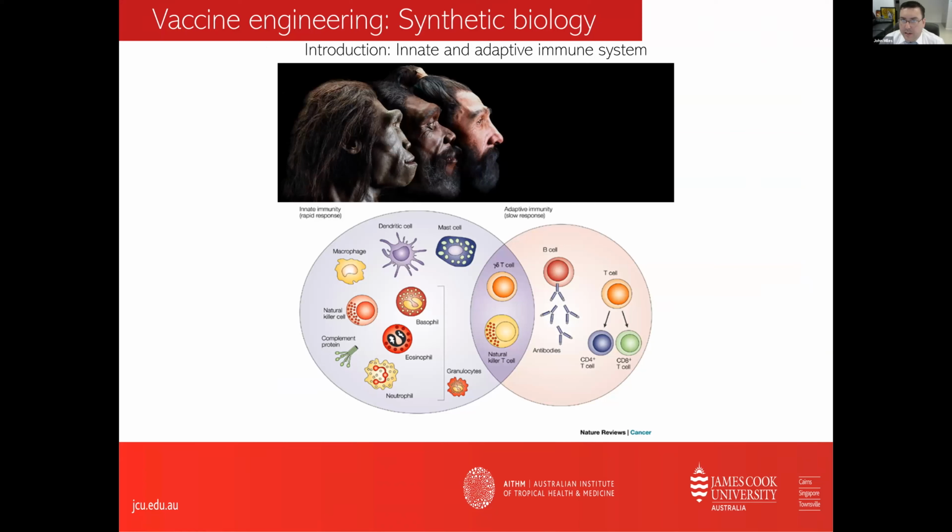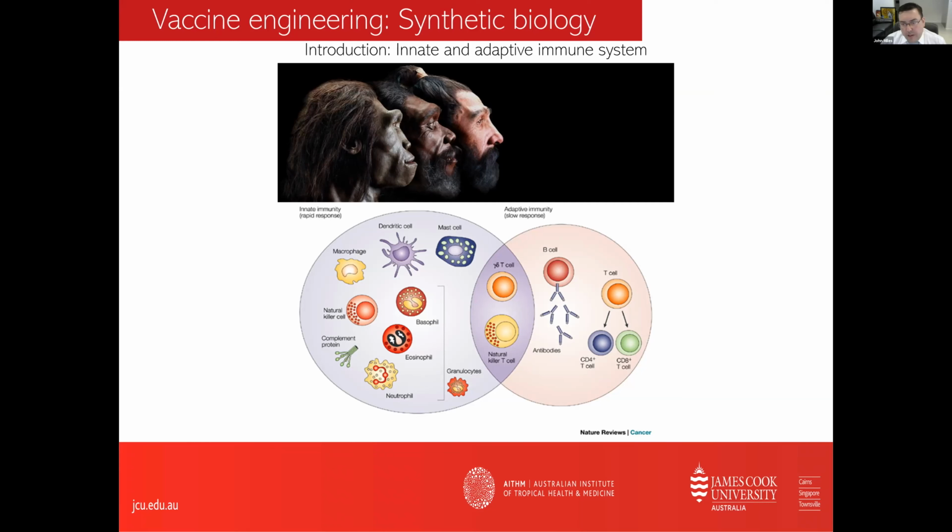Introduction to the innate and adaptive immune system. Basically, you've got two sets. You've got one set of cells that act against a threat instantly, within seconds. They usually just die and release alarm signals.